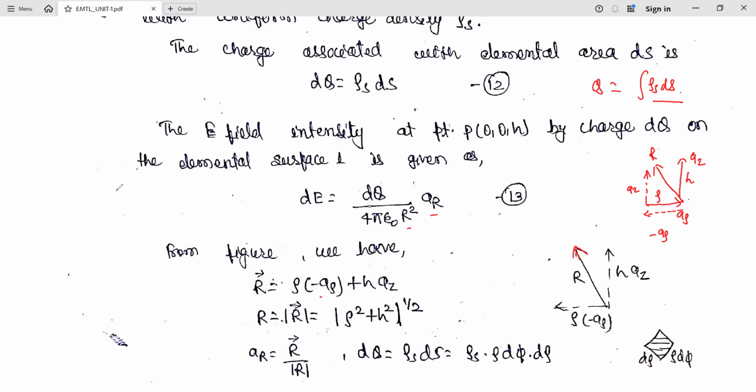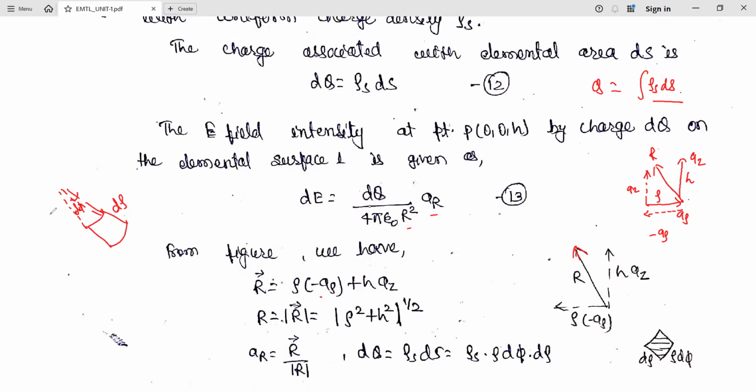Now here we have considered the differential surface. What will be the area of that differential surface? It is radially outwards. This will be d rho. And this is the arc, like you find in the case of a circle. If you join this here, this angle is d phi.